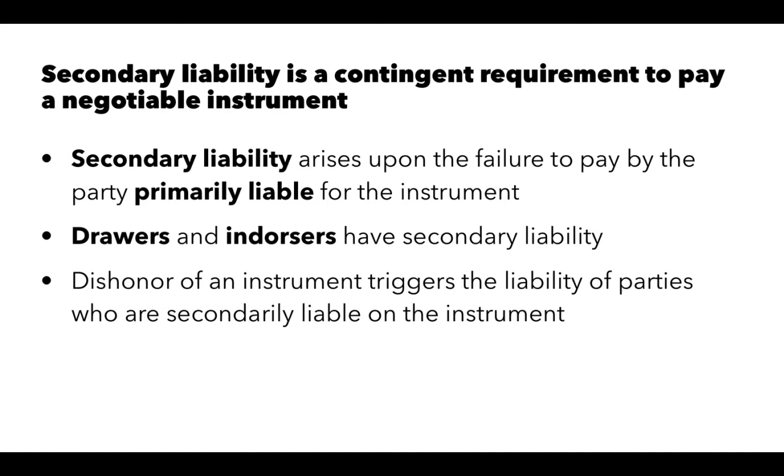Dishonor of an instrument triggers the liability of parties who are secondarily liable on the instrument. So when it is dishonored, the parties that are secondarily liable become liable for payment.